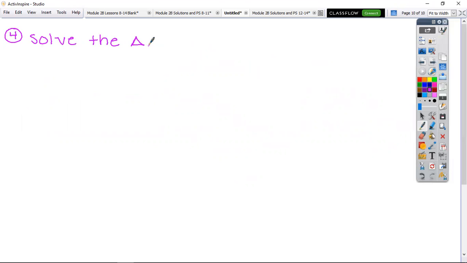But I am going to give you that. Let's see here. A is equal to 39.4 degrees, and b is equal to 12, and c is equal to 14. All right, so you're going to sketch this out and see what you got.